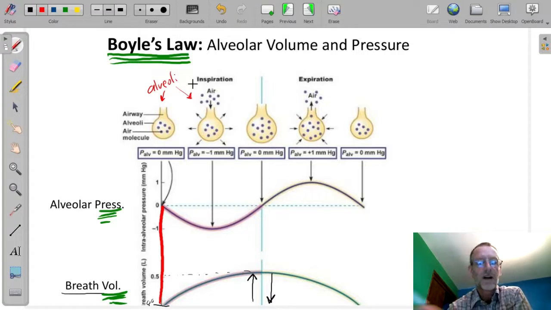And as we start to inspire, the alveoli and the chest volume, the lung volume increases, and they show little arrows showing that the alveoli stretch and expand. And as they do, the pressure goes down.